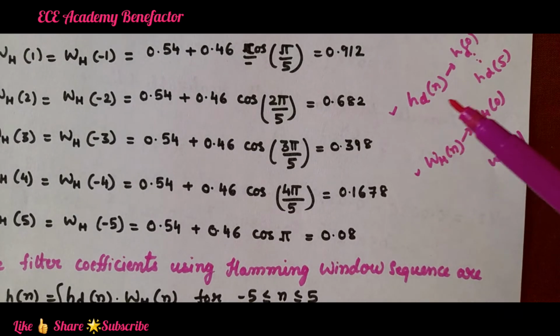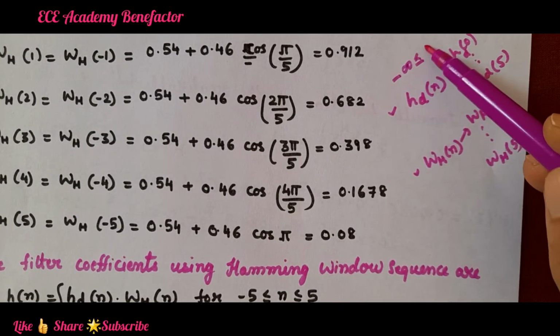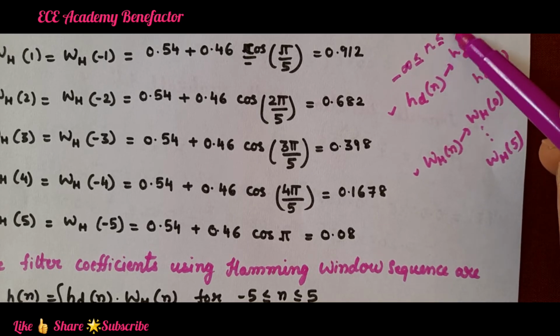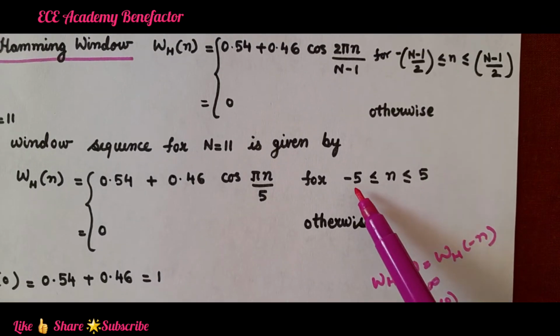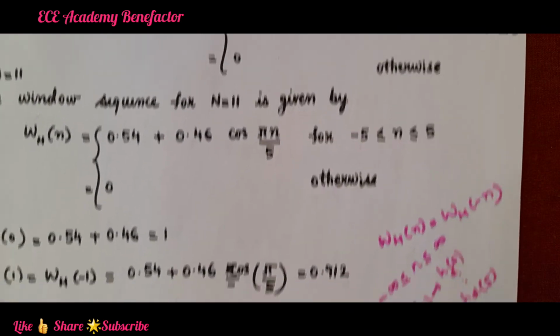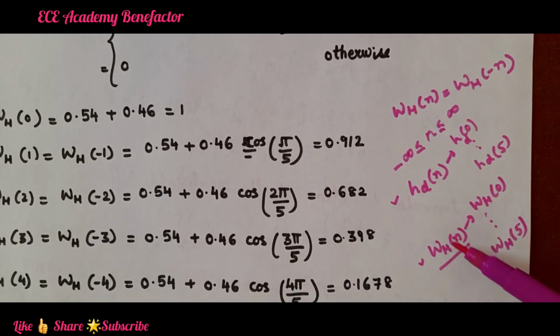The next step: this HD of n is infinite in nature because n varies from minus infinity to infinity, and this Hamming window is a finite sequence because its range varies only between minus 5 and 5. So HD of n is infinite and WH of n is finite.